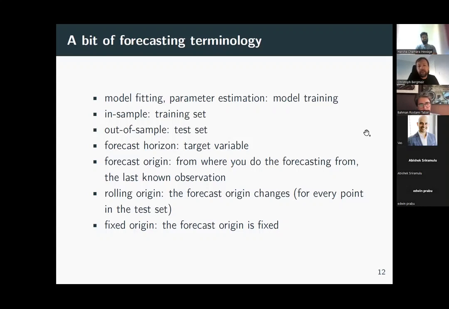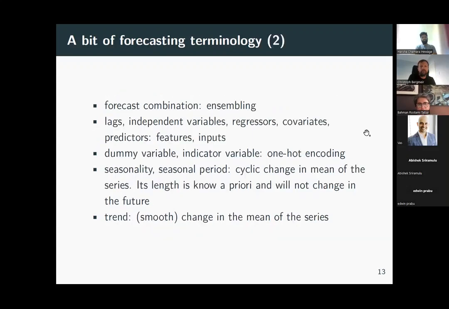That's usually the last known observation, like the value from today. Rolling origin would be that your forecast origin changes. So for example, over the test set, you forecast from every point in the test set with the information known up to that point. And fixed origin is just that the forecast origin is fixed, so it doesn't change. And that's terminology I will use throughout this talk.